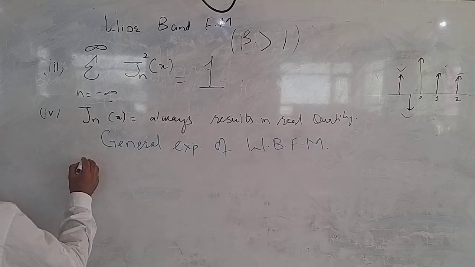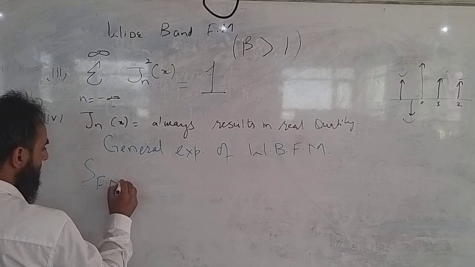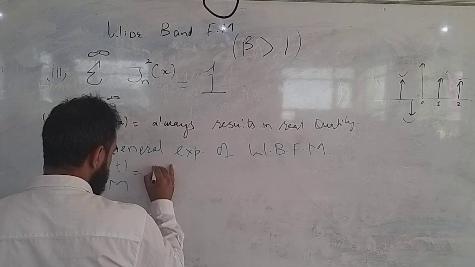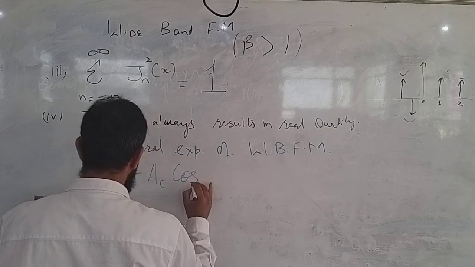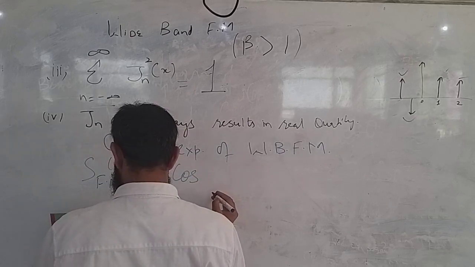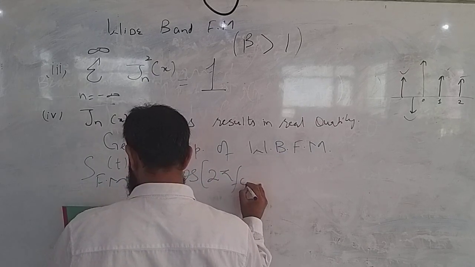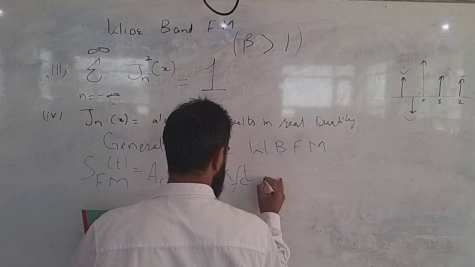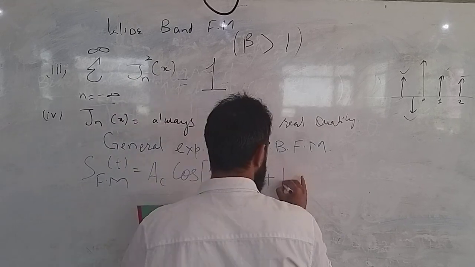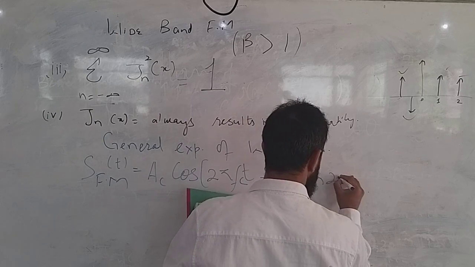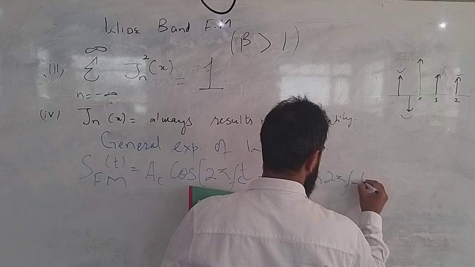We know this expression already, that S of FM of t is given as Ac cos of 2 pi Fc t plus beta sine of 2 pi Fm t.